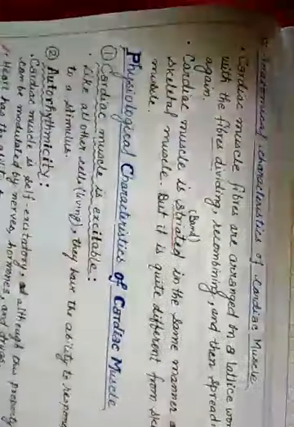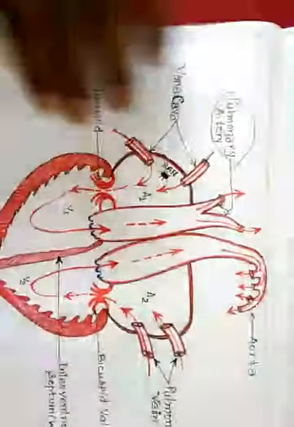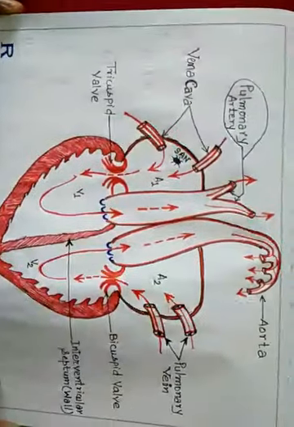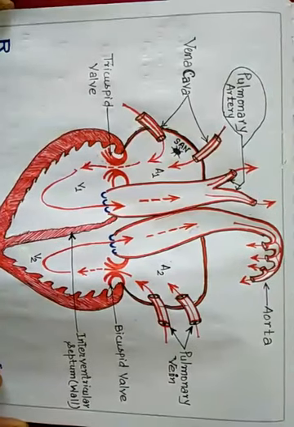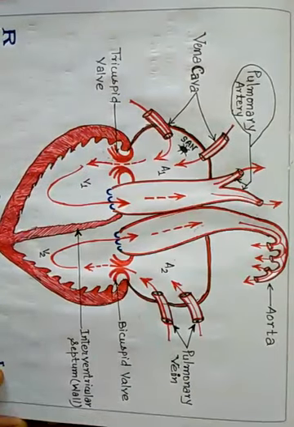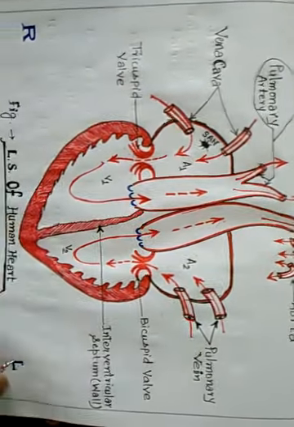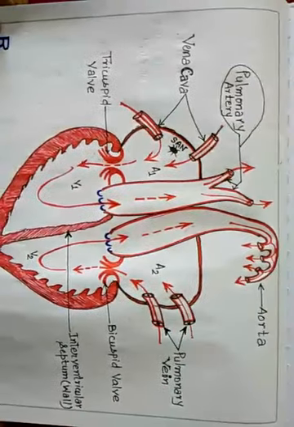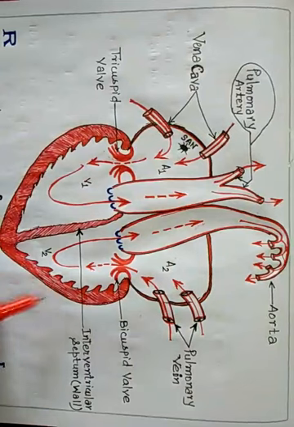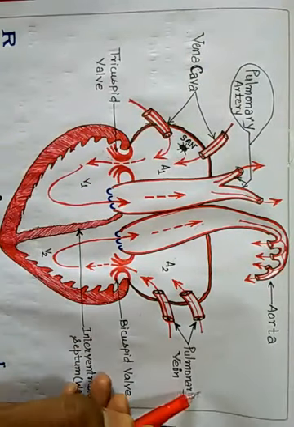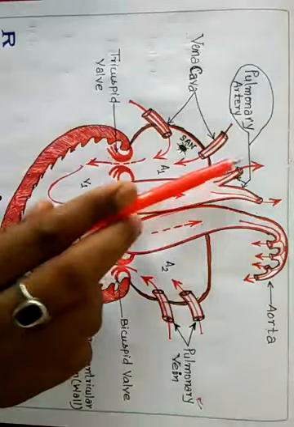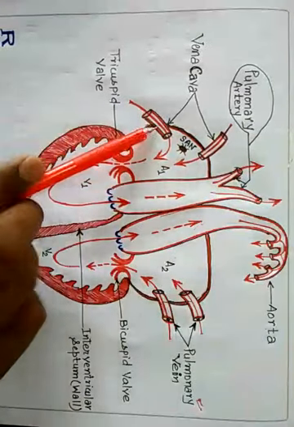Now you can see that picture here. This is the picture, a very simplified picture, where you can see this is the left part, this is the right part, clear? And you can see this is the pulmonary vein, this is the aorta, and this is the pulmonary artery, vena cava.